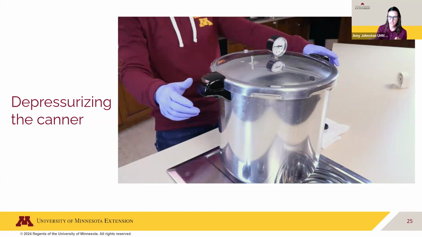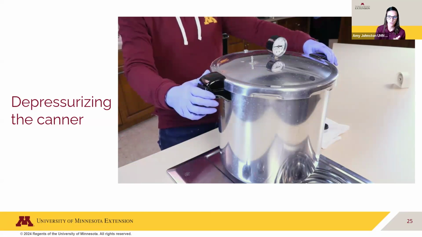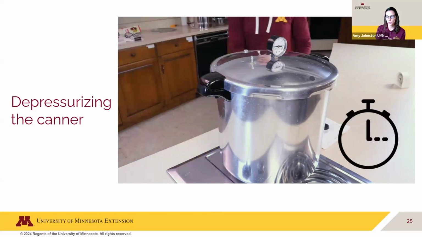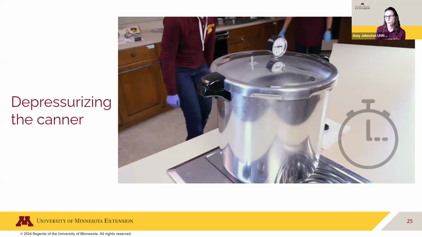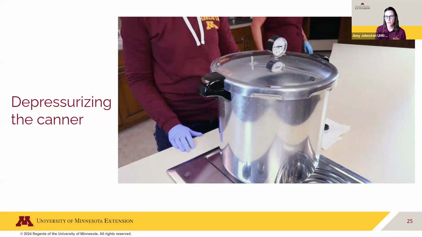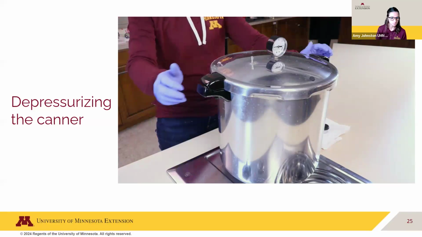So this had been sitting for a little while. She took off the vent port, letting any other residual steam come out, let that pressure continue to drop. And once there was no further dropping in that pressure, we were able to then take off the lid.